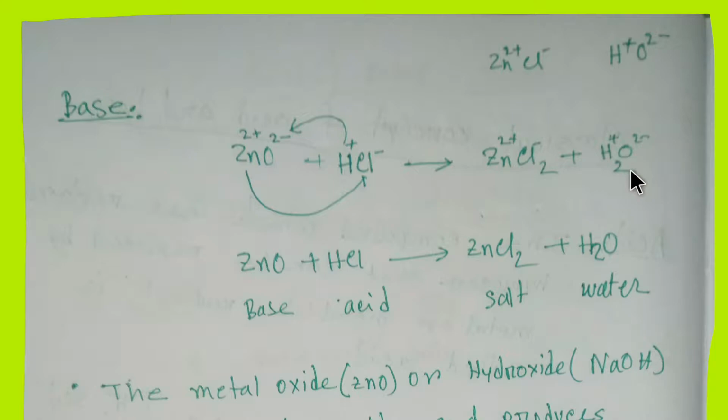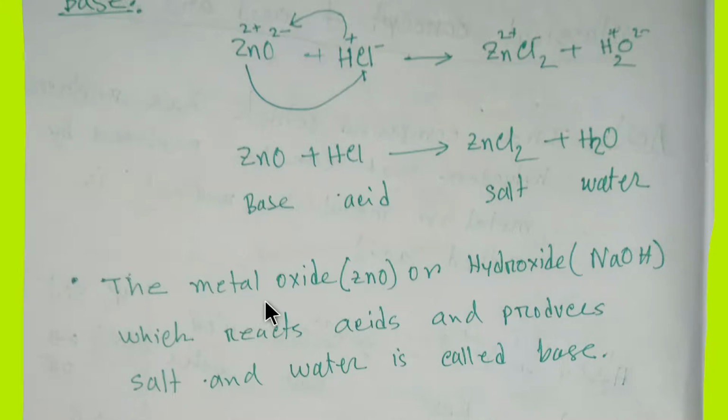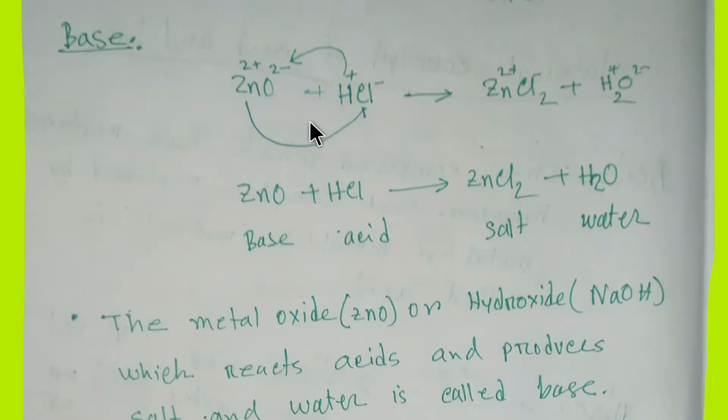So we are getting water. We can write this reaction like this: zinc oxide plus HCl gives zinc chloride plus water. So what is base, right? Here this is a base and this is acid, because this has replaceable hydrogen.